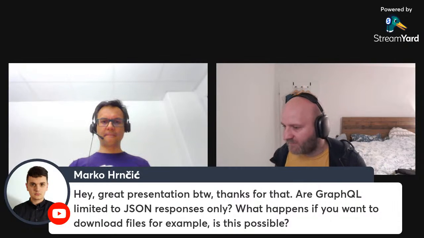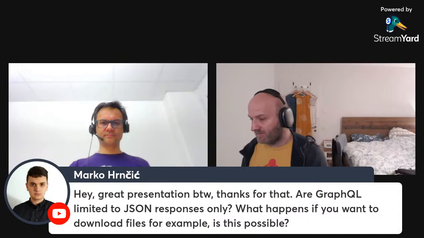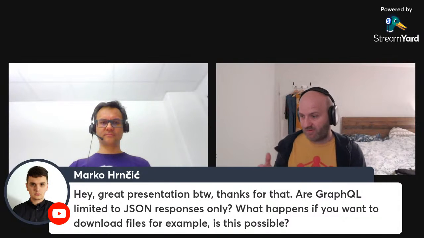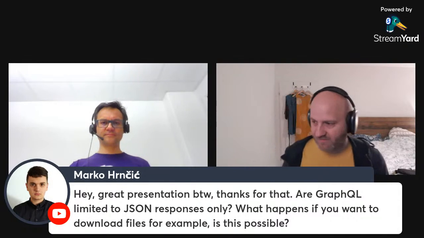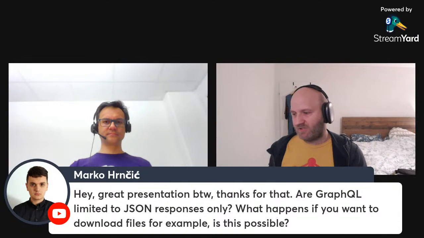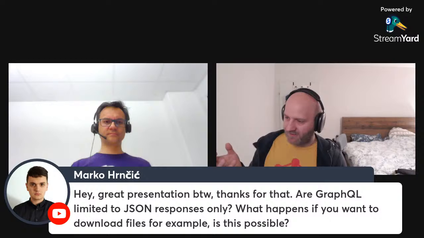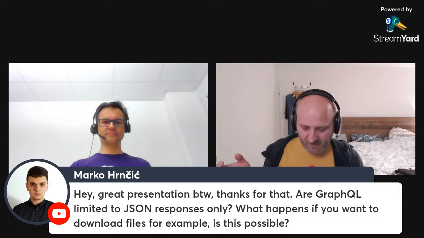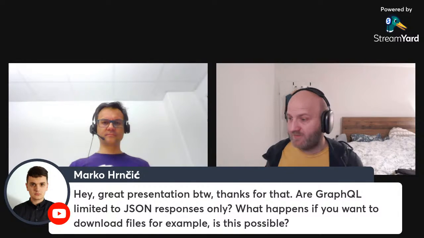Download a file. First off, it's not limited to JSON. We know GraphQL is transport agnostic. Internally in the GraphQL server, you're producing a result map, which is an ordered dictionary, which is the GraphQL result at the end of the processing. And this is then serialized into anything.